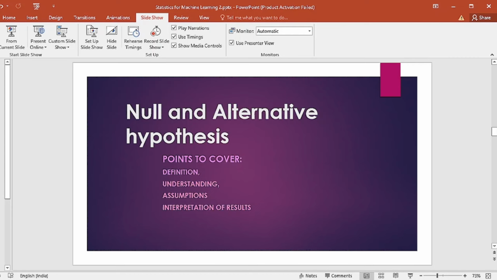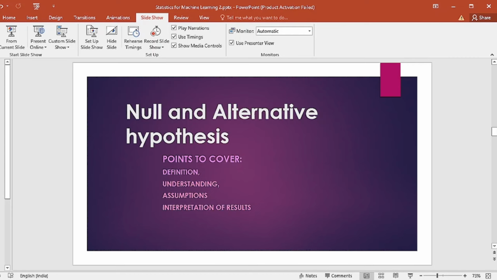The differences between null hypothesis and alternative hypothesis are as follows. In null hypothesis, there is no relationship between the two variables, and in alternative hypothesis, there is some relationship between the two variables. That is, they are dependent upon each other. In null hypothesis, generally researchers and scientists try to reject or disprove the null hypothesis.